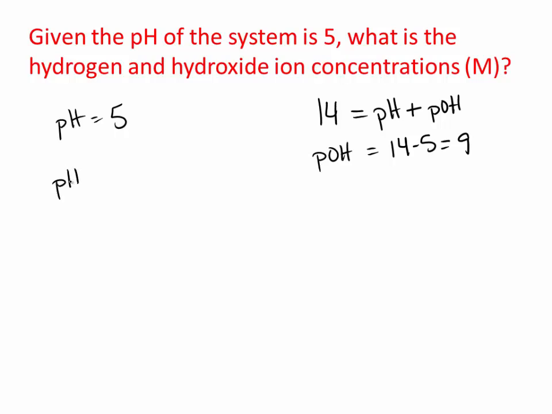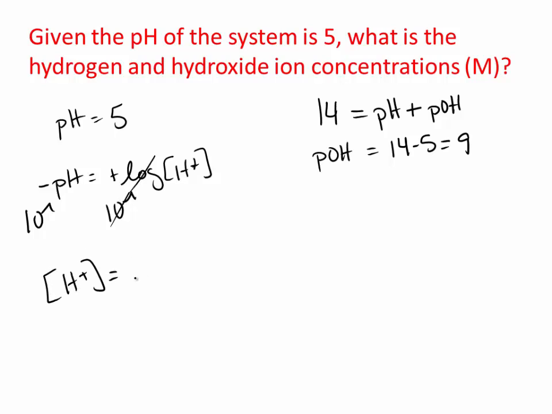Now pH is also equal to negative log of the hydrogen ion concentration. This negative could be brought over to the left, and if you take each side to the base 10, you're left with hydrogen ion equals 10 to the negative pH. Likewise, hydroxide ion is equal to 10 to the negative pOH.